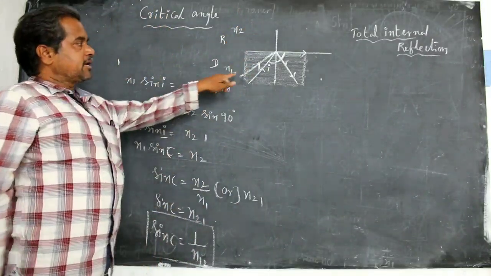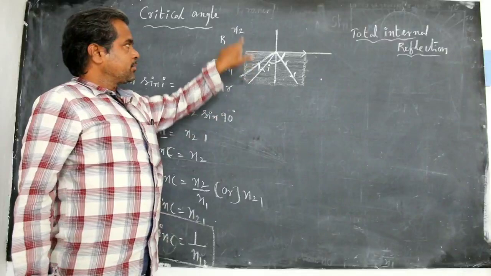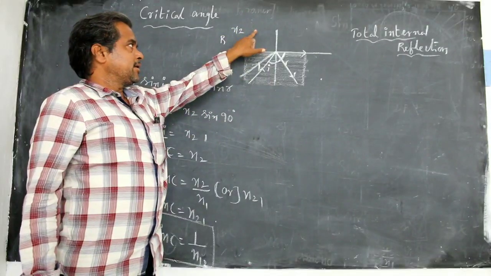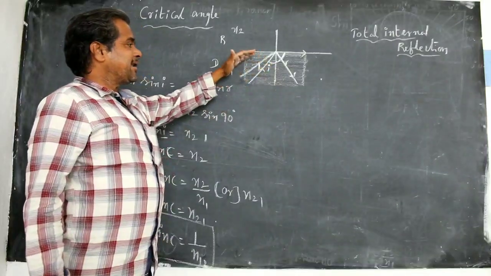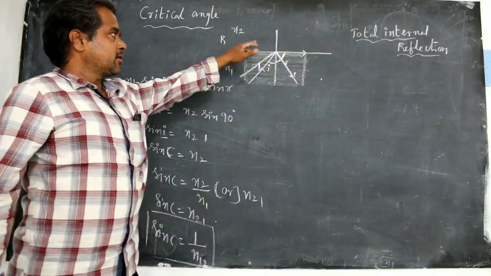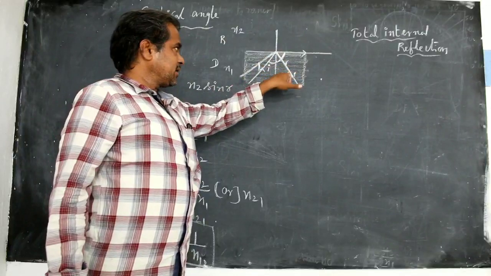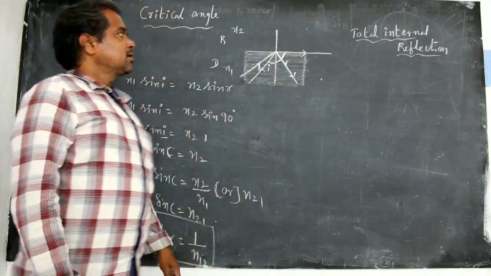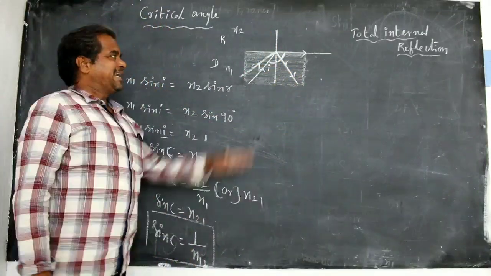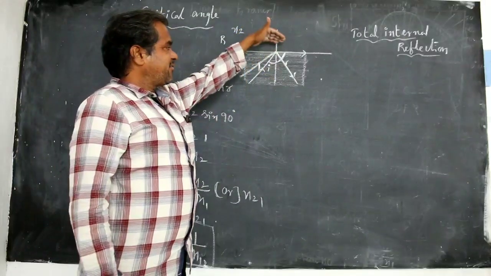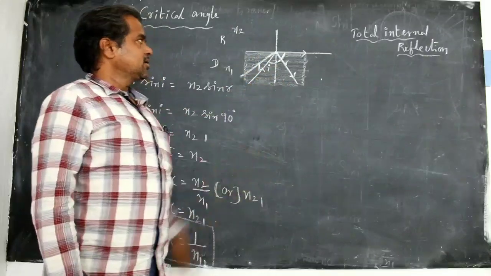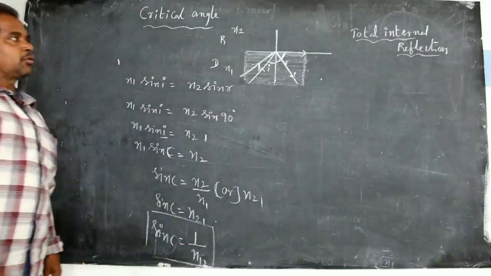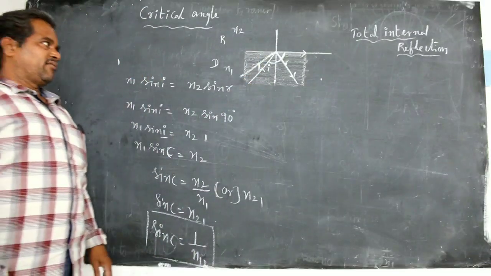If any light ray which travels from denser to rarer has more than the critical angle of incidence, at the time the corresponding refracted ray bounces back into the same denser medium. It reflects. Here refraction is not occurred, reflection is occurred, so this property is called total internal reflection.